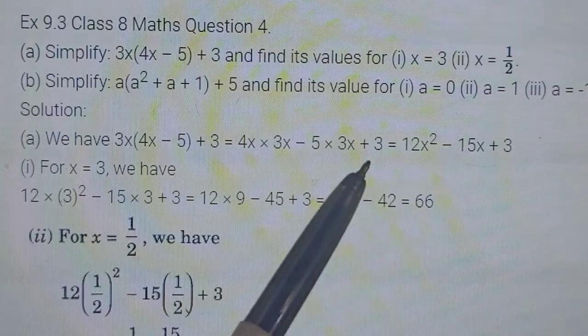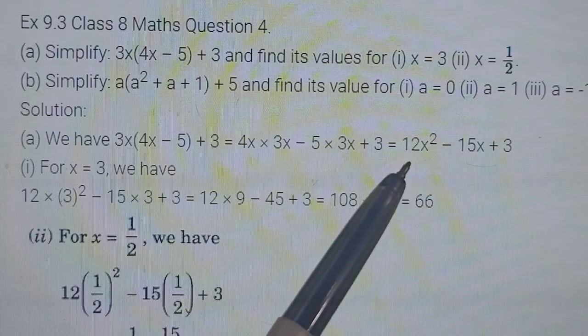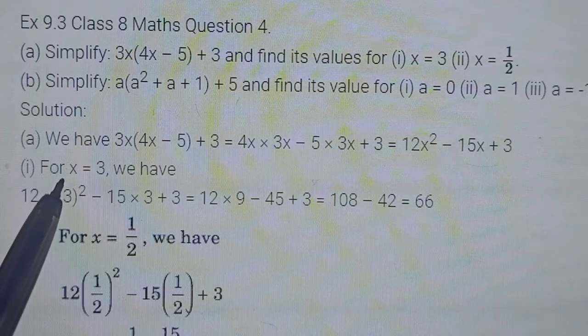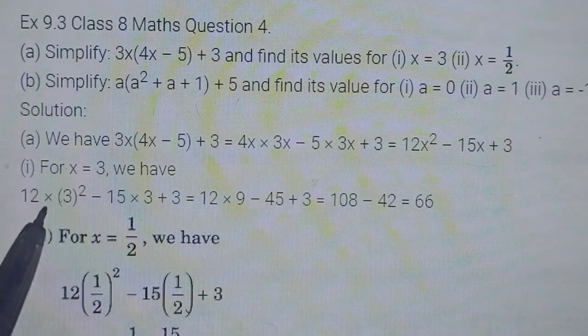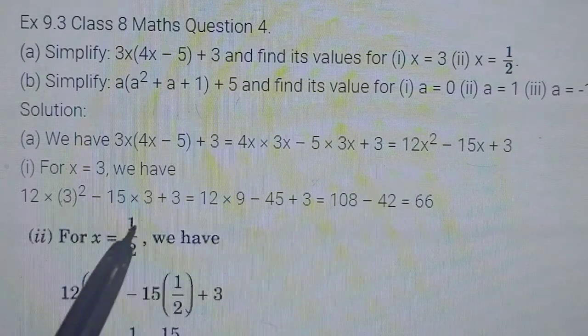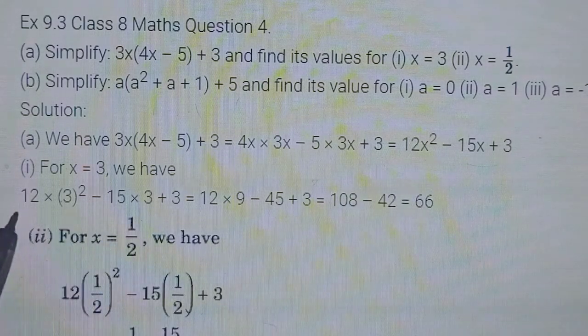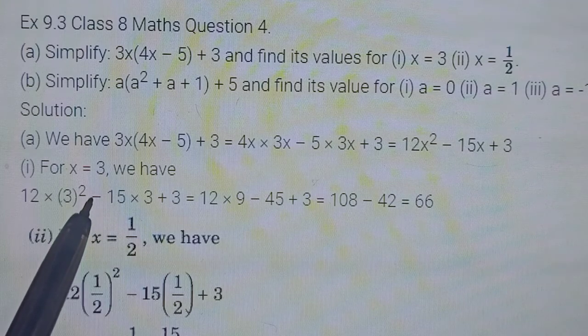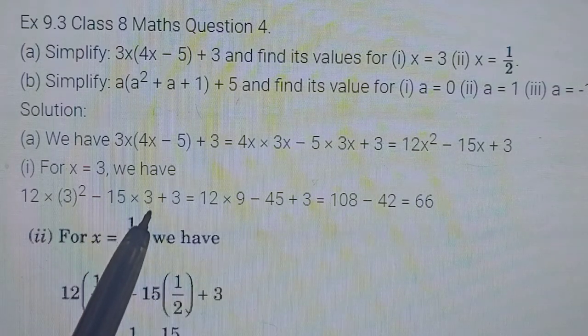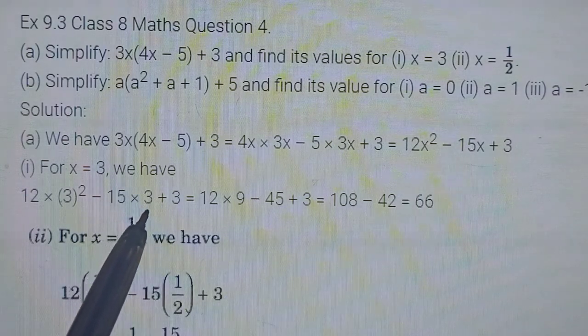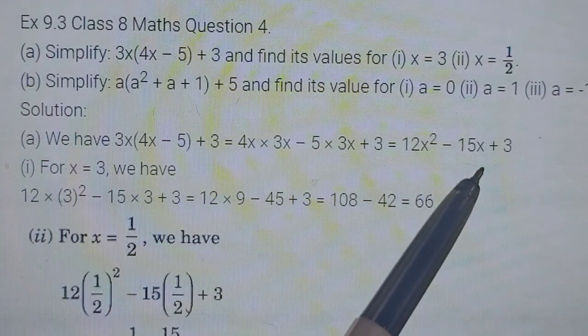All right, now this is your expression which you'll have to evaluate first for x is equal to 3. So for x is equal to 3, you just have to replace your x by 3 in this expression. So 12 and then 3 square, it was x square, it will become 3 square minus 15 into, in place of x, 3 here, and that plus 3 was already there.